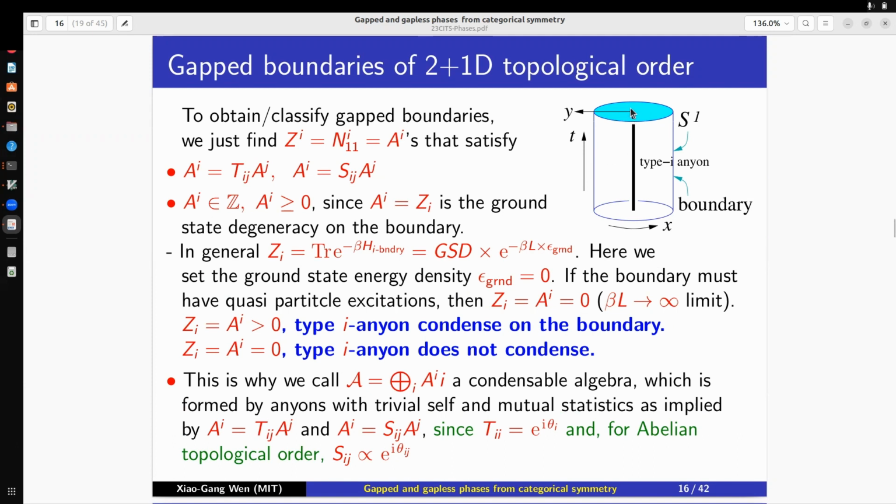It's possible that on the left half you get one condensed algebra and on the other half you get another. Different condensed algebras give you different gapped boundaries. Therefore, by calculating condensed algebras, you're actually calculating gapped boundaries. So that's another way to classify 1 plus 1 dimensional gapped phases. That would include SPT phases. You can have that, but we're not talking about that.